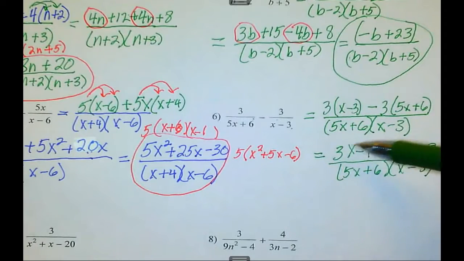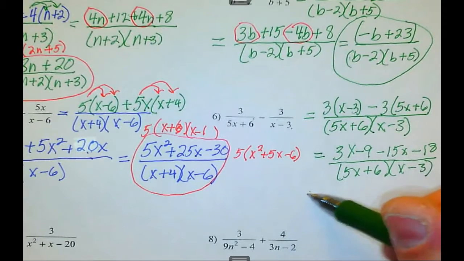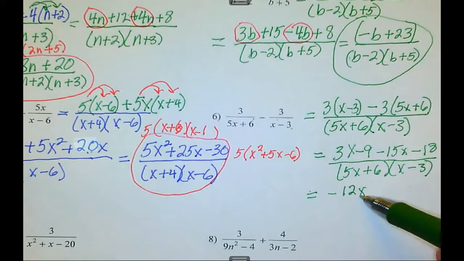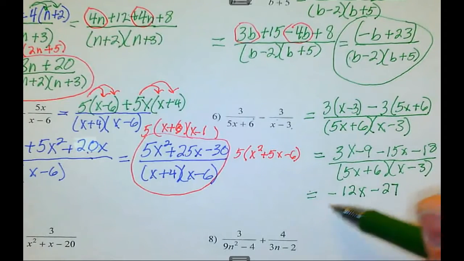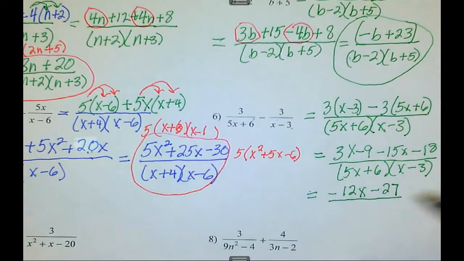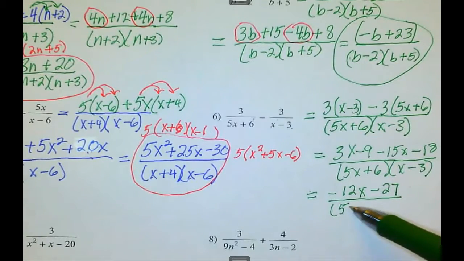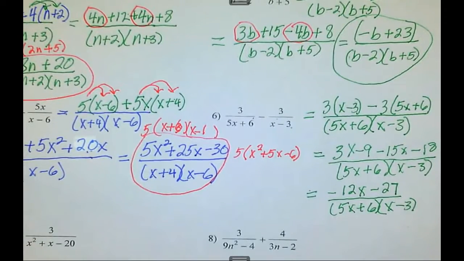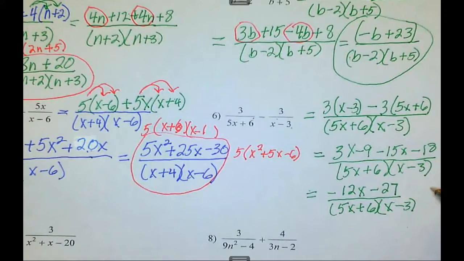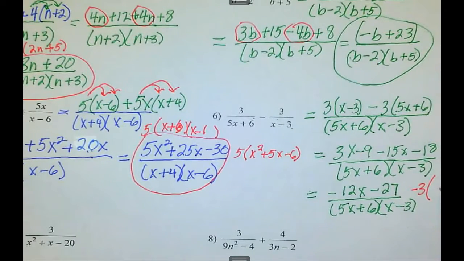Let's see, 3x and minus 15x is minus 12x, minus 9, minus 18, minus 27, all over 5x plus 6, x minus 3. I'm going to factor out a negative 3. I get 4x plus 7. Doesn't really help us out. We can leave it.